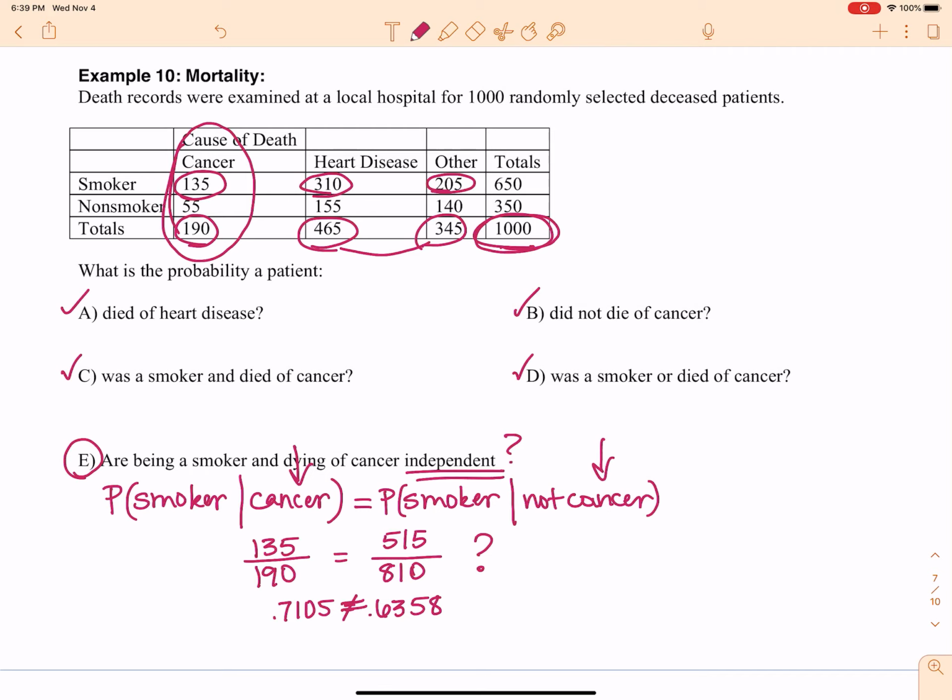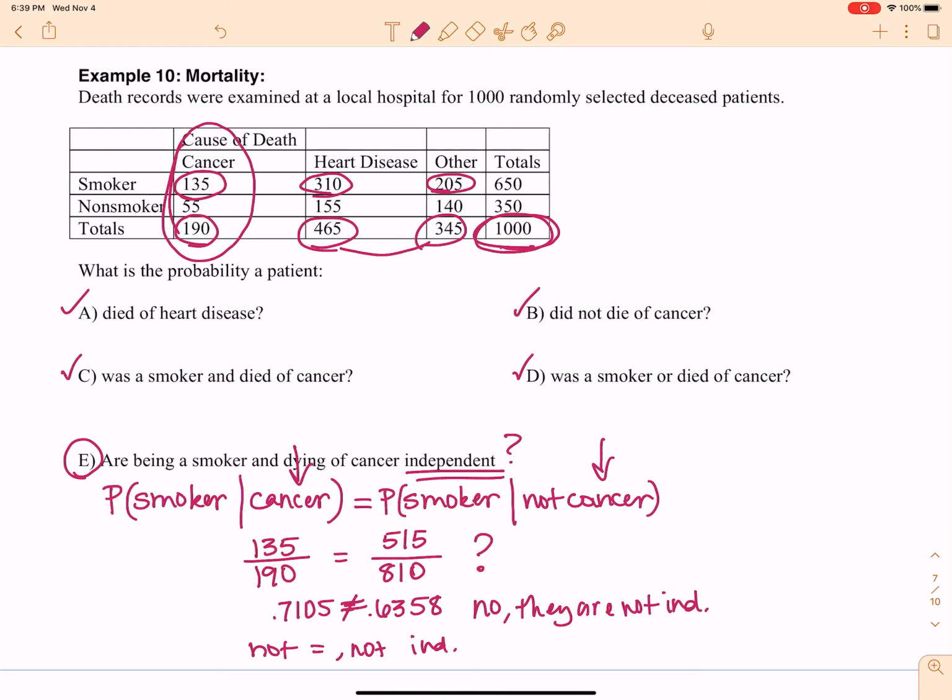The answer to the question is no. They are not independent. Why are they not independent? Because they're not equal. Not equal, not independent. Are you with me? Okay, so not equal, not independent. That is exactly what that means.